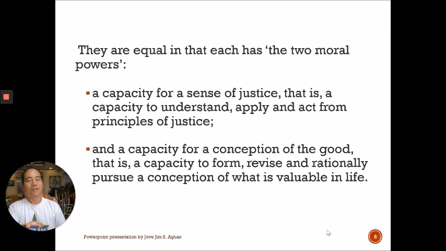So, what does it mean by equal or equality? The citizens of the society, or the members of the society, are equal in that each citizen has two moral powers. So they are equal in the sense that they have two moral powers. First, they all have the capacity for a sense of justice. That is the capacity to understand, apply, and act from the principles of justice.